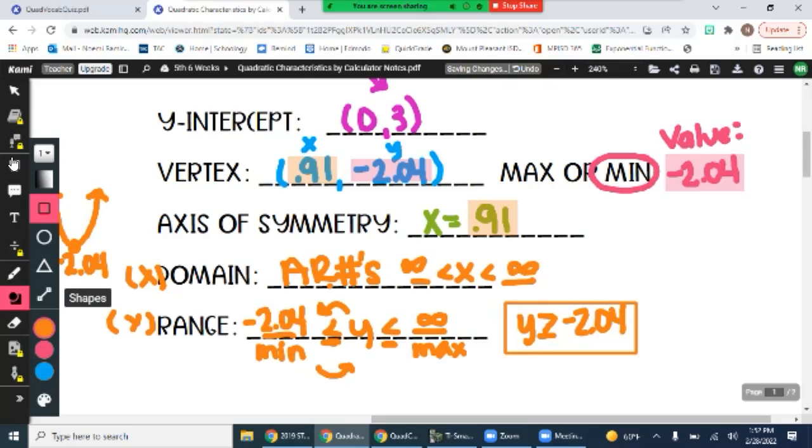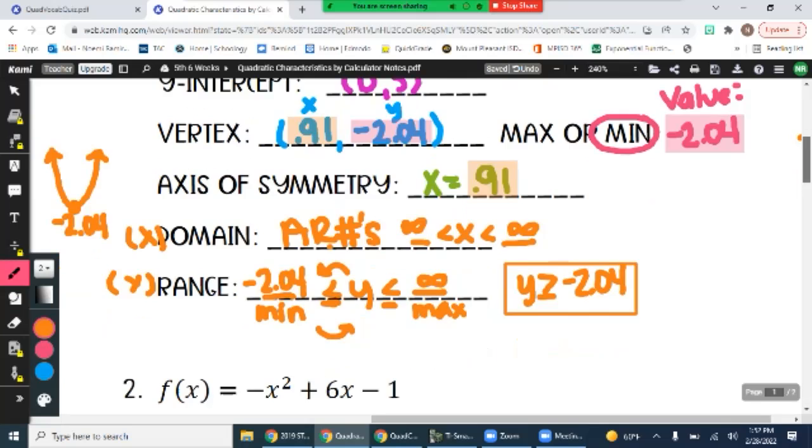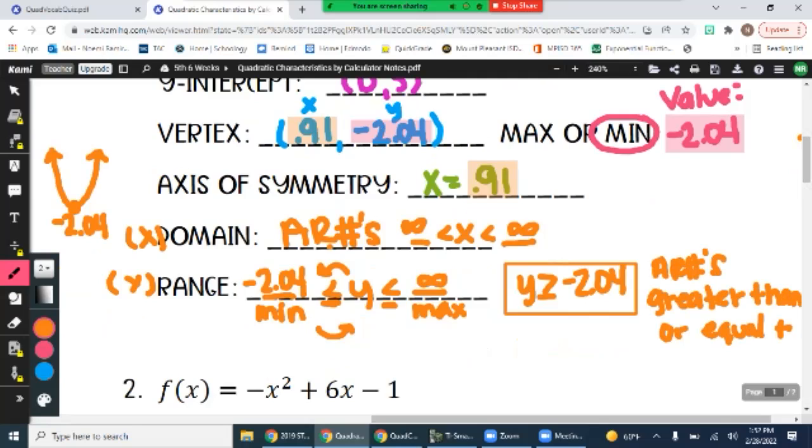Now, can somebody say that out loud in sentence form for me? We forgot. Thank you. Greater than or. Correct.